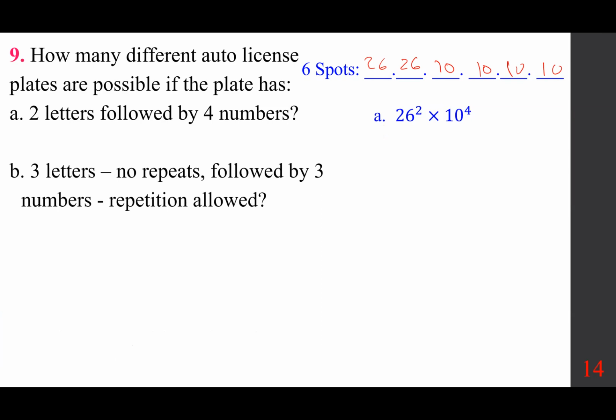And then we have 3 numbers. So that means we can have 26, then we go down by 1, and then we have numbers. So we have 26 times 25 times 24 times 10 cubed.